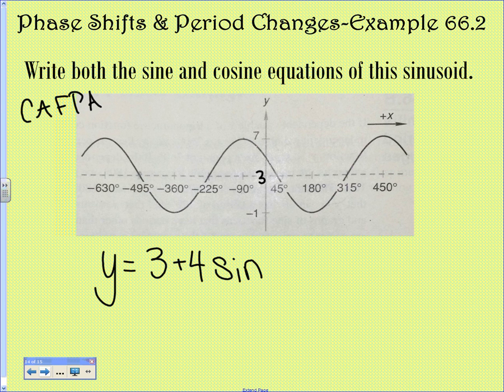One little wave, okay? So I'll start here at 225, and then where do I end? How far is that? 540.